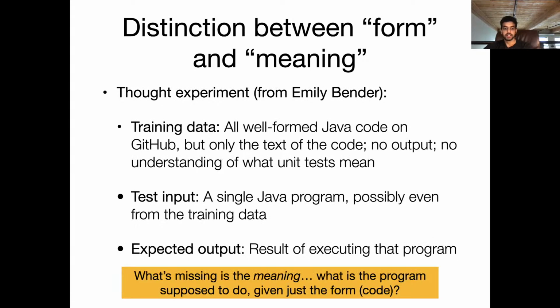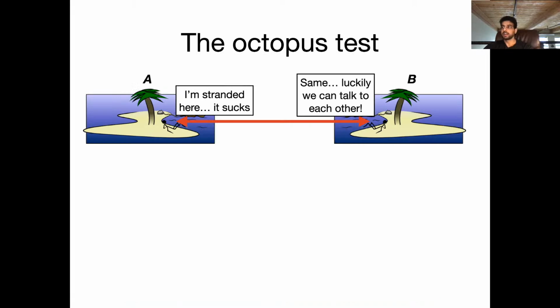But the second one that I want to highlight is this octopus test. So this is the main experiment proposed in this paper. It's kind of similar to the Turing test, but it goes a little further in what we define as actual understanding of language. So for those of you who are not familiar with the Turing test, it basically is saying that a program is intelligent or understands language if it's able to fool a human into thinking that it itself is actually a human that they're talking to and not a computer.